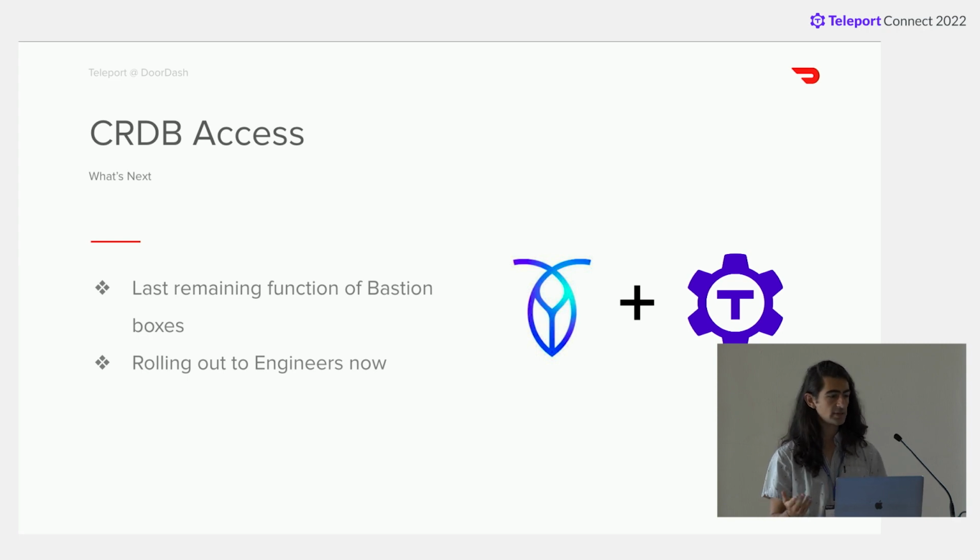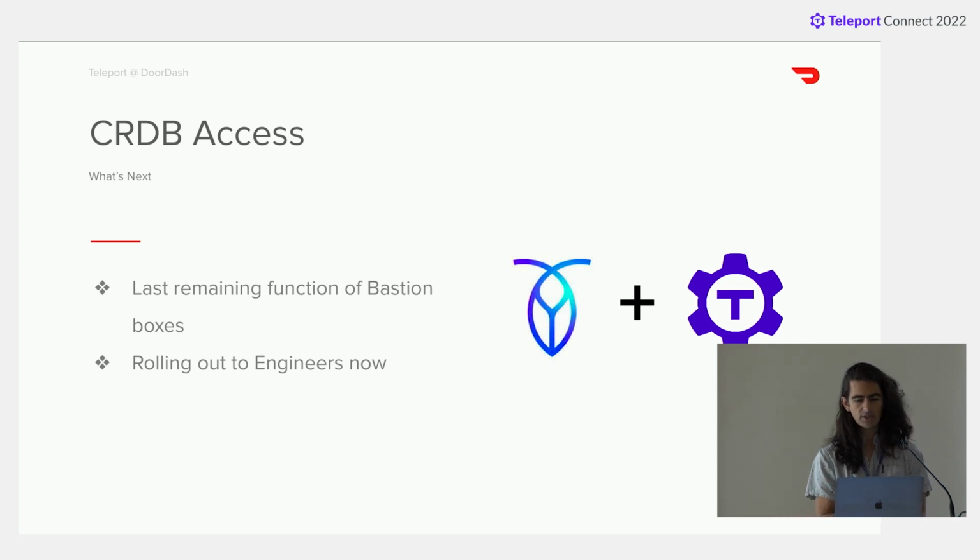We use CockroachDB pretty extensively at DoorDash, so we've been testing out CockroachDB access via Teleport. This will be one of the last remaining major usages of the Bastion, and we're rolling this out to our engineers now. So hopefully we can finally remove our Bastion sometime soon.